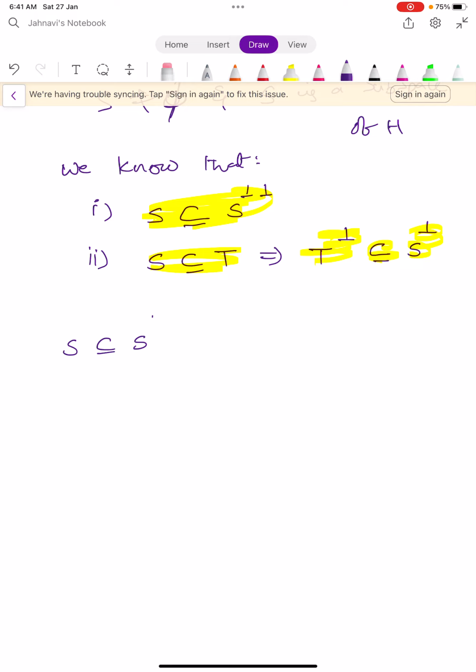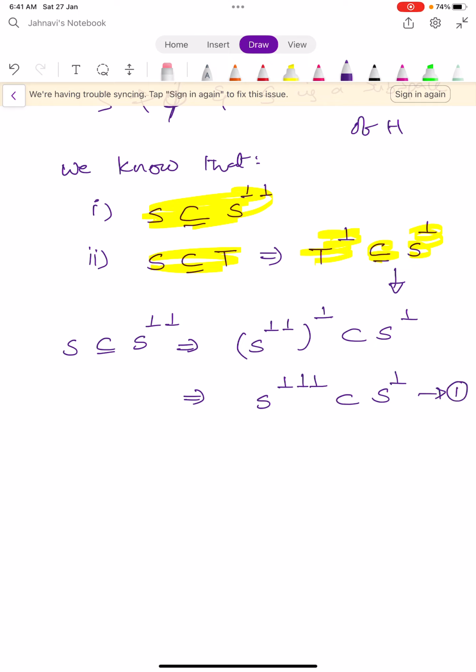S subset of S double perpendicular implies S double perpendicular whole perpendicular is a subset of S perpendicular, by the second property, which implies S triple perpendicular is a subset of S perpendicular. Let it be equation number 1.